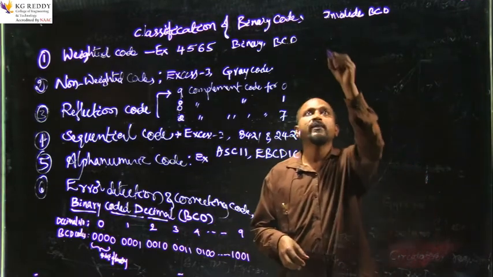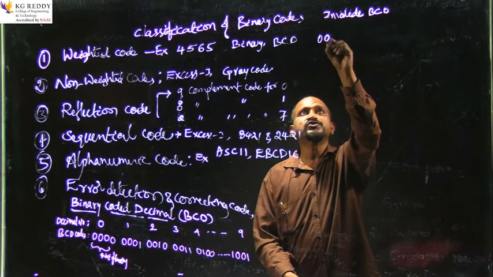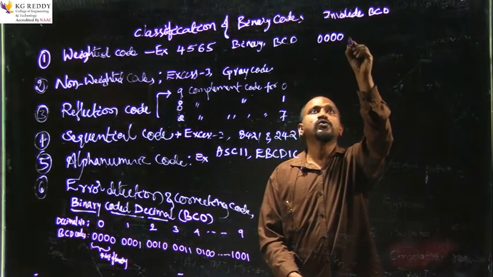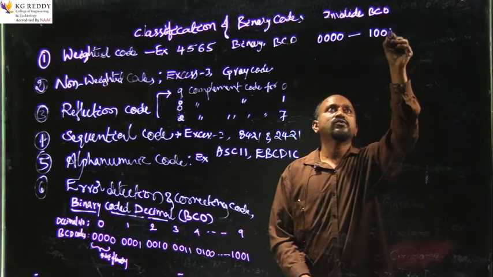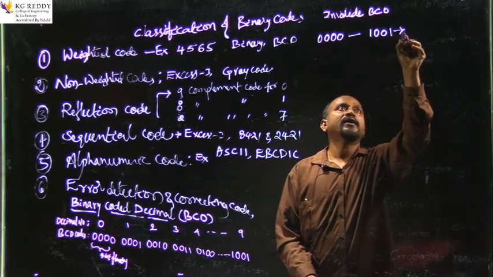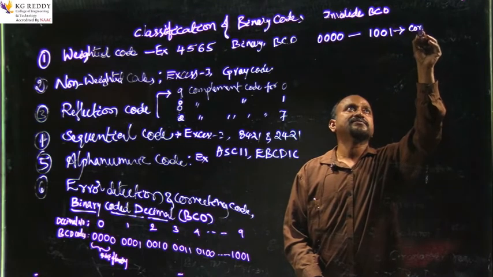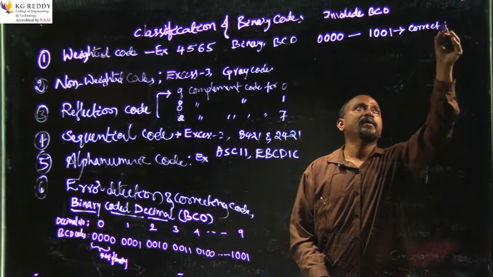From where to where? From 0, 0, 0, 0 to 1, 0, 0, 1. Those are the correct BCD, or corrected BCD.